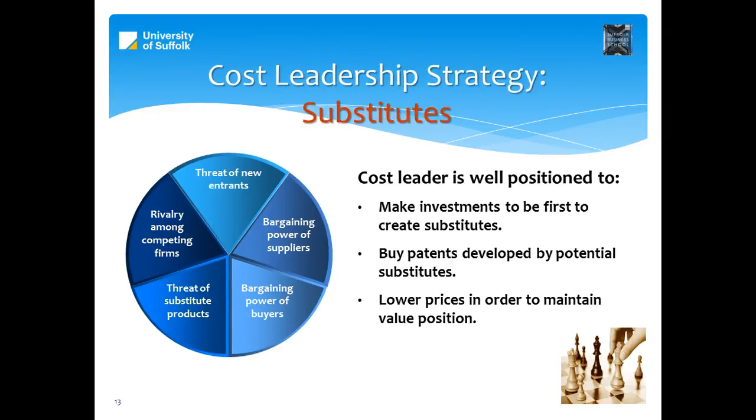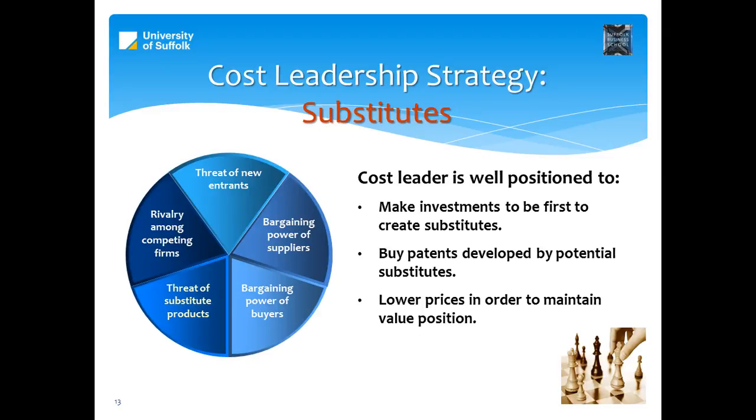If we think about product substitutes, as a cost leader it's always worth learning more about the product and thinking, can you make a substitute product cheaper? Perhaps the item you're making in steel, you could make in toughened plastic at a reduced cost, as an example. As a cost leader, you're well positioned to make investments, to be the first to create these substitutes.